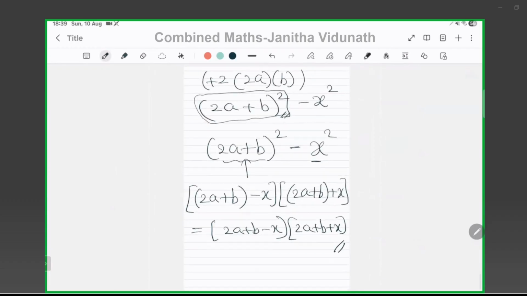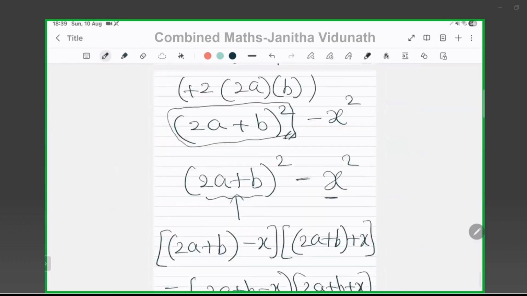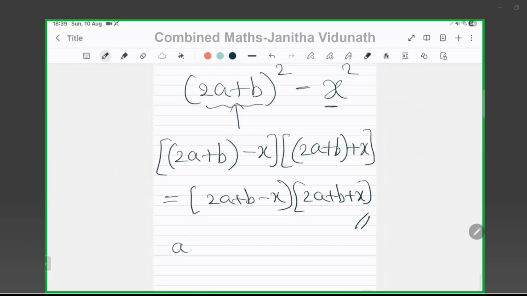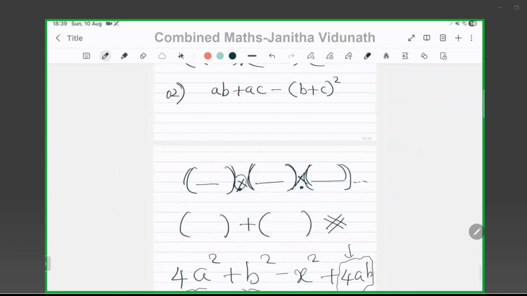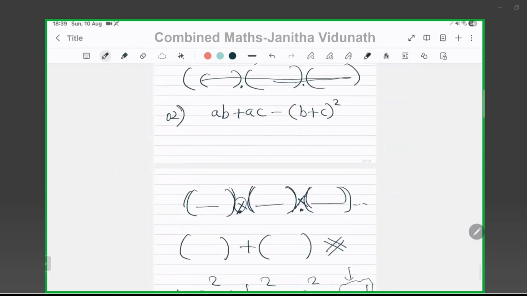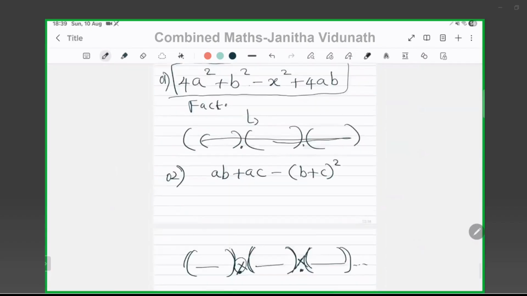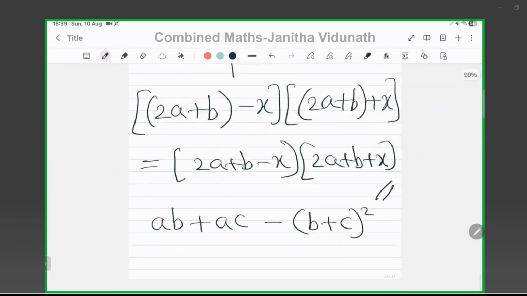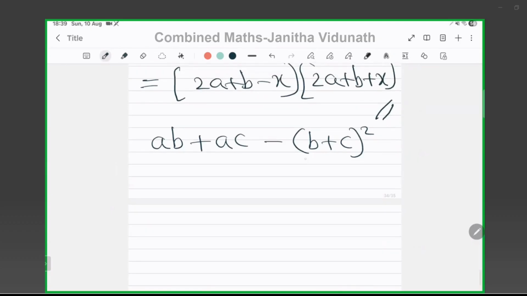Now I will do the second question. Second is ab plus ac minus (b plus c) whole square. Here we can observe that this is b plus c whole square.